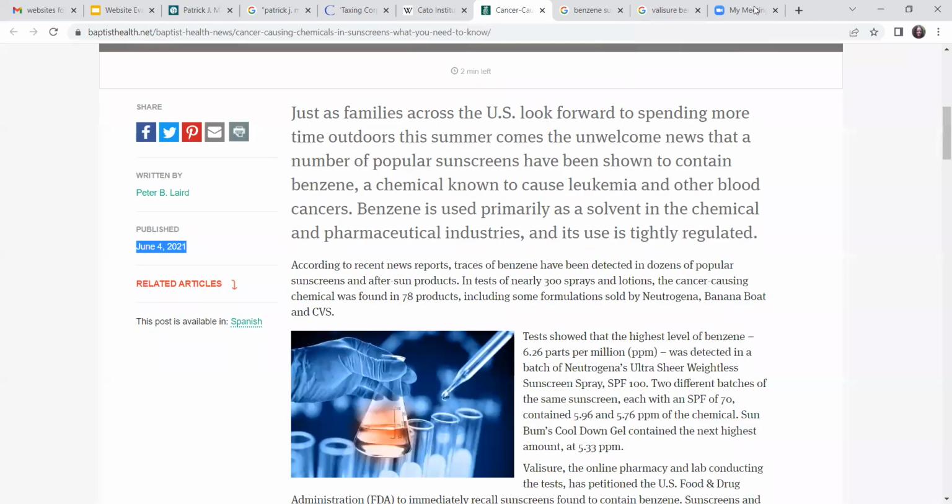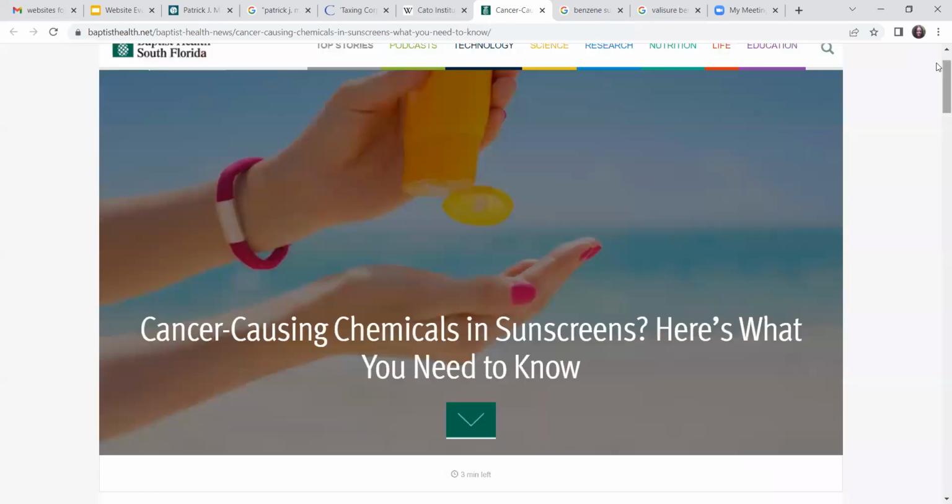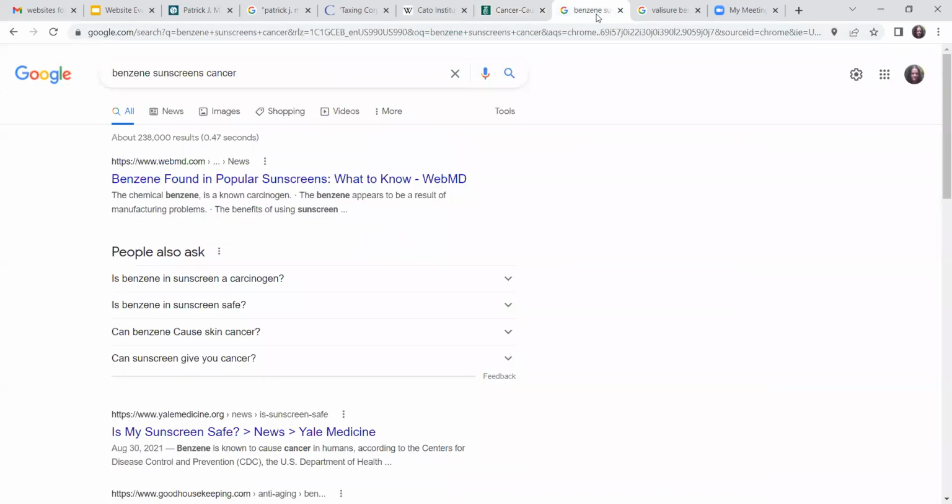So here's an example. Again, this is the cancer-causing sunscreens. And I decided to do a web search just for benzene, which was the name of the chemical they said was in these sunscreens that cause cancer. So I'm searching for benzene, sunscreens, cancer.